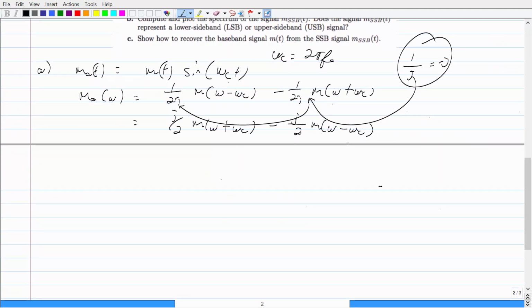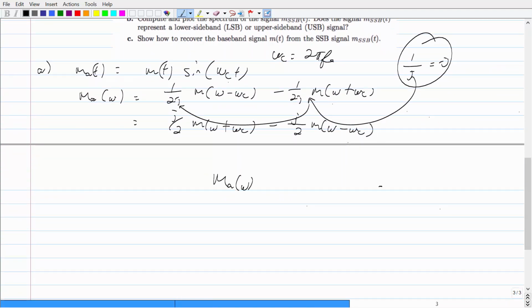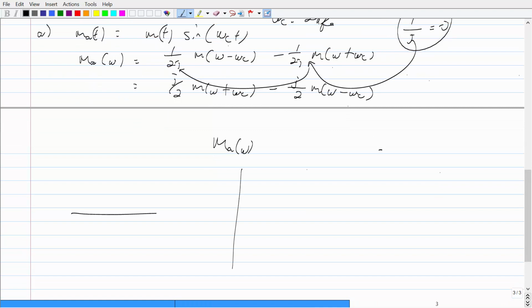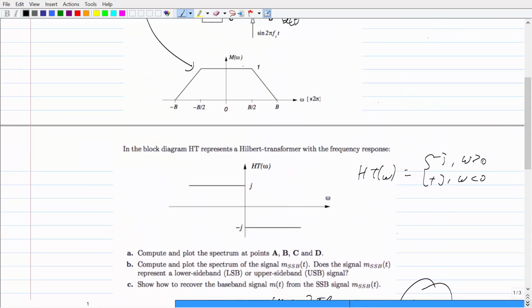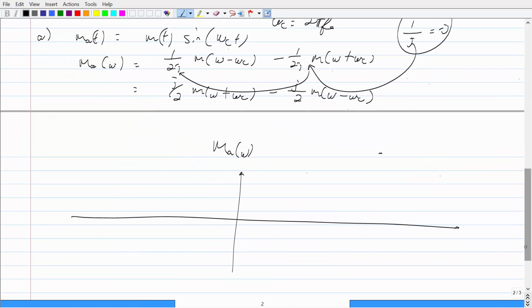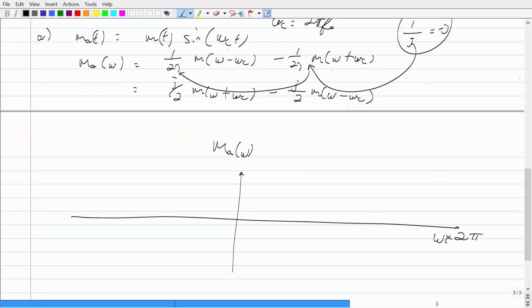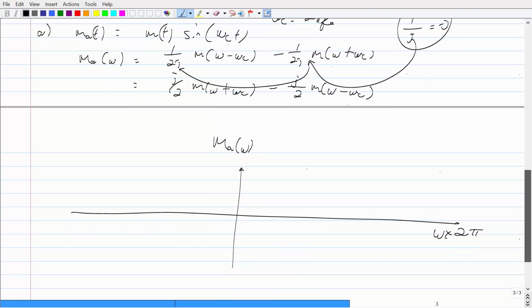So basically your spectrum is going to look like the following. Notice that we have copies of this here. This will be omega times 2 pi. Technically it's going to be 2 pi b and all that, but omega times 2 pi. You're going to have 2 copies, one at omega_c and one at minus omega_c, and they're going to be scaled differently, by j over 2.